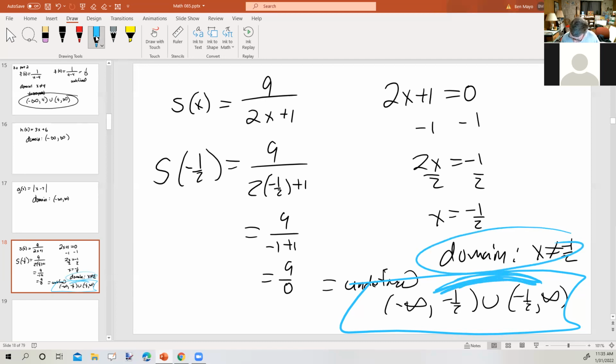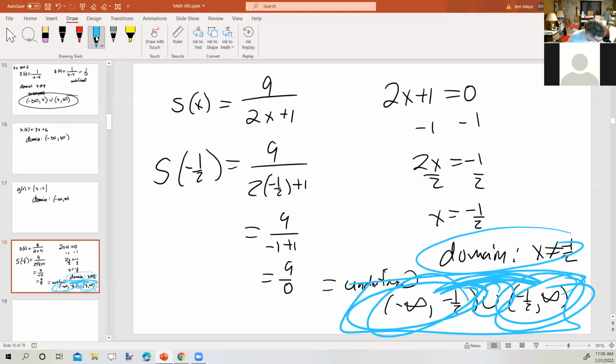You'd have to write the whole thing, because if you just write that, that's saying everything less than negative 1/2, but it also includes everything greater than negative 1/2. It just leaves out that one value, okay? And this is a union symbol. So you're taking all of this along with all of that. Again, if it asks for interval notation, that's what you would use.